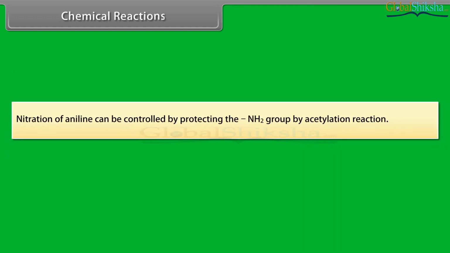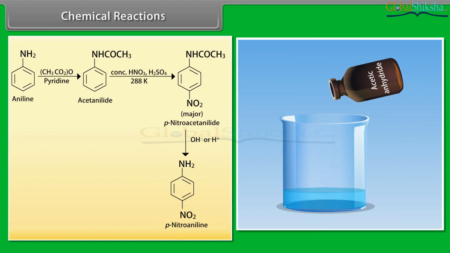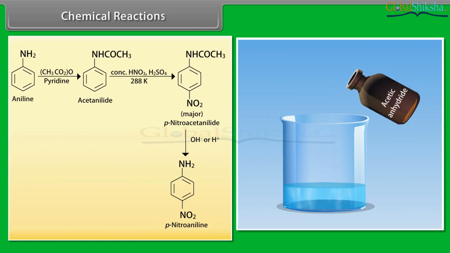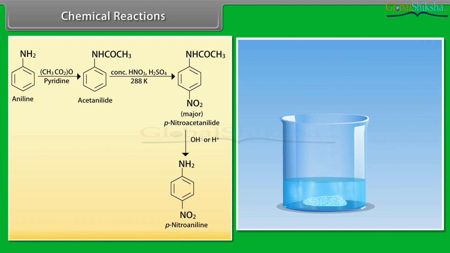Nitration of aniline can be controlled by protecting the NH2 group by acetylation. Aniline reacts with acetic anhydride and pyridine and forms acetanilide. Now add concentrated nitric acid and sulfuric acid at room temperature to form para-nitroacetanilide, followed by hydrolysis, which produces para-nitroaniline.